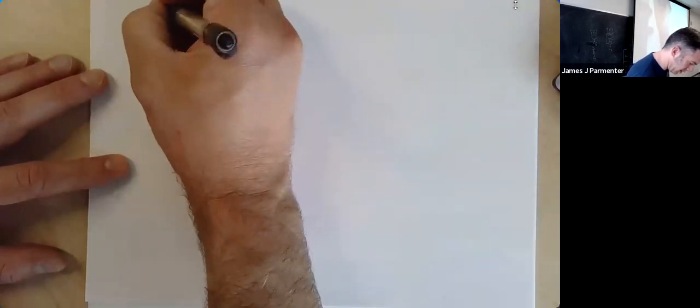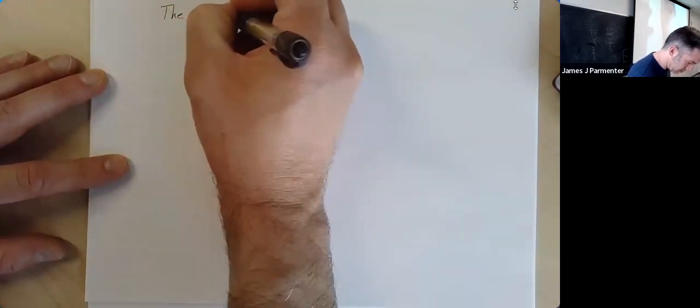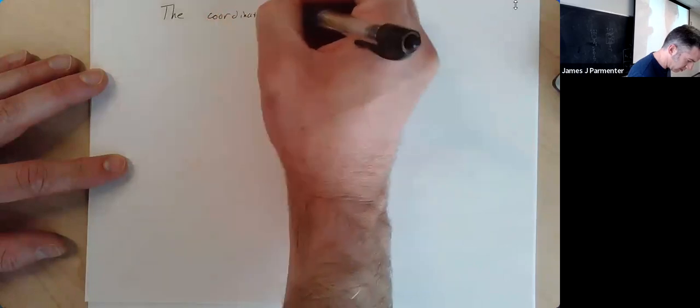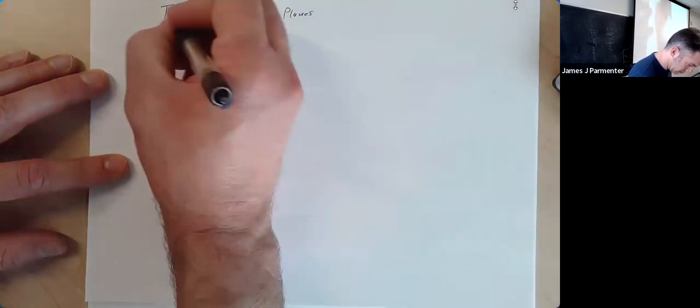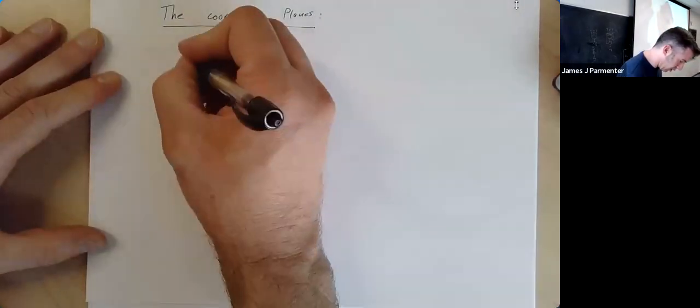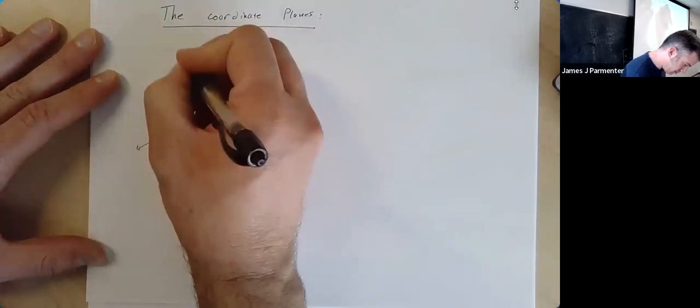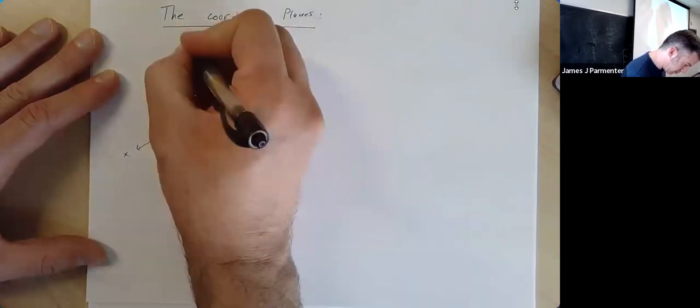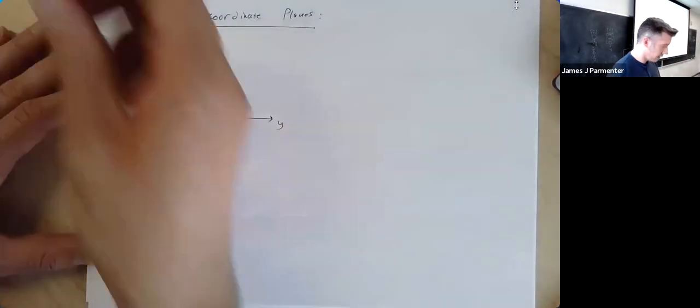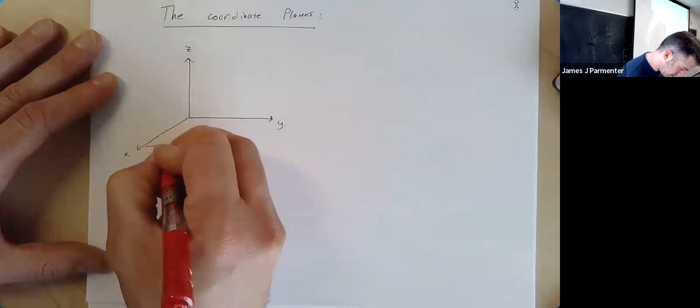So we have the coordinate planes. You are already very familiar with one of them, the XY plane. That is the plane that we've done all of our 2-dimensional graphing in up to this point. The XY plane is what I'm going to call the floor. So here's our XY plane down here.